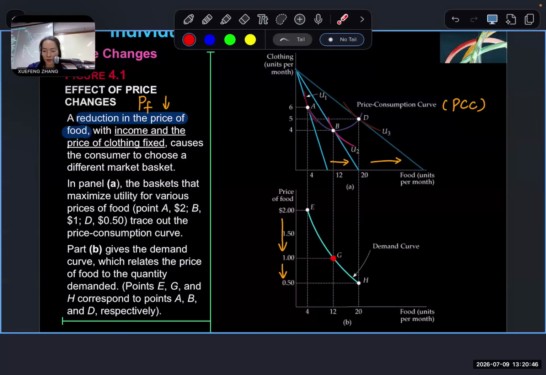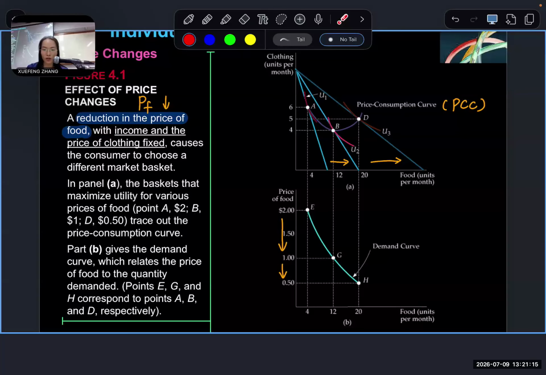And when price decreases to 1, the quantity is 12 units, and so on, so far as half, the quantity is 20, right? And then we have the demand curve, and it's downward sloping. I think you should be very familiar with the demand curve, which is downward sloping. It shows the negative relationship between price of that good and the quantity of that good, okay?